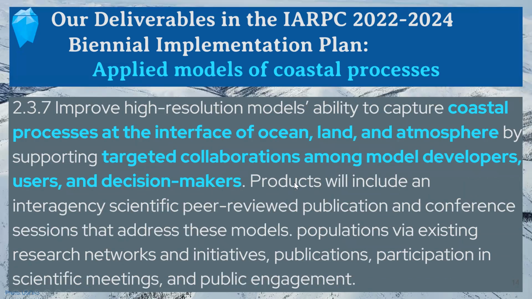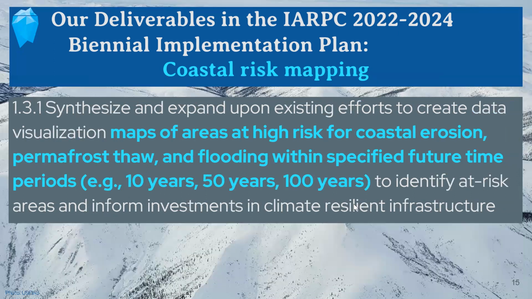And then we have this deliverable focused on applied models of coastal processes. So looking at the ocean, land, atmosphere interaction with explicit inclusion of decision makers in those models. And then we have a series of deliverables around coastal risk mapping. Create maps of areas that are high risk for coastal erosion, permafrost thaw, and flooding.